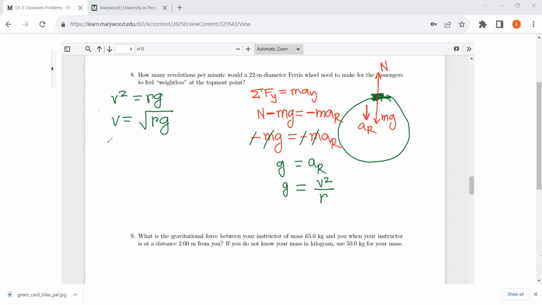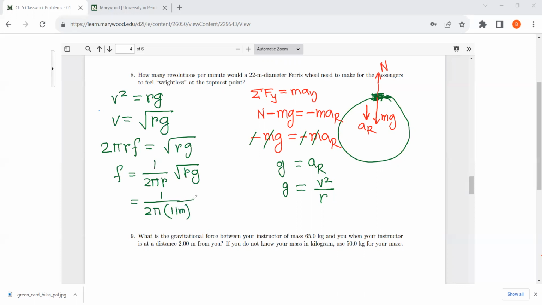So let's substitute the equation that relates velocity to frequency: v equals 2 pi r f, one of the equations we derived in theory class. If I solve it for f, it gives us f equals 1 over 2 pi times the square root of g over r.